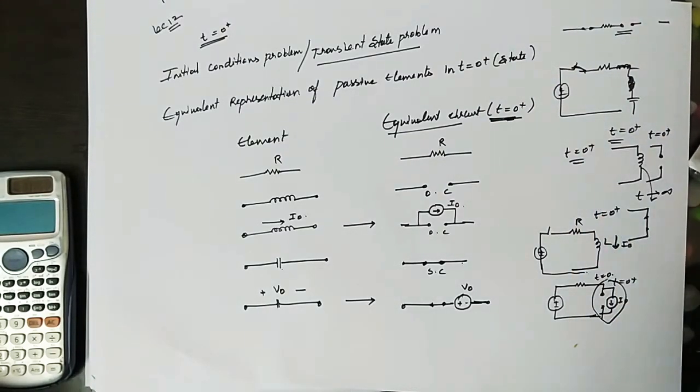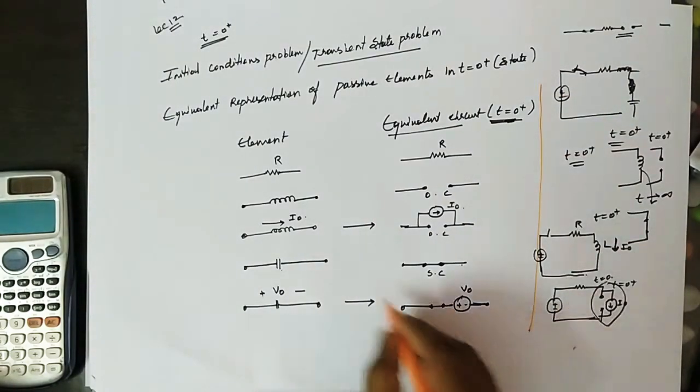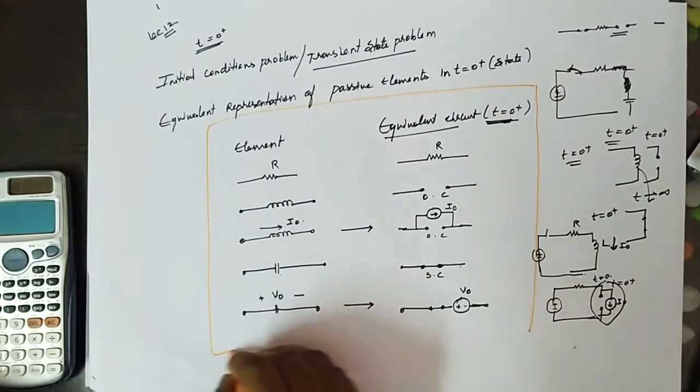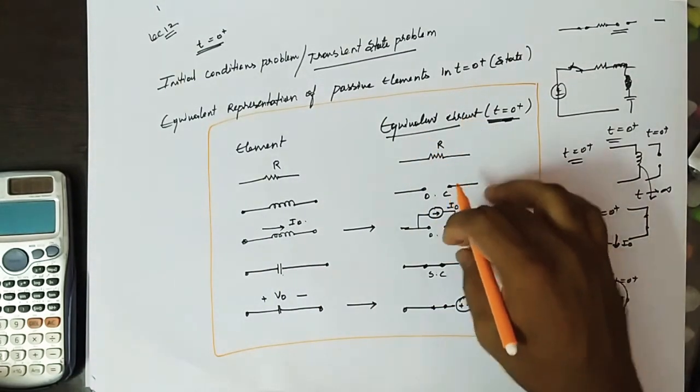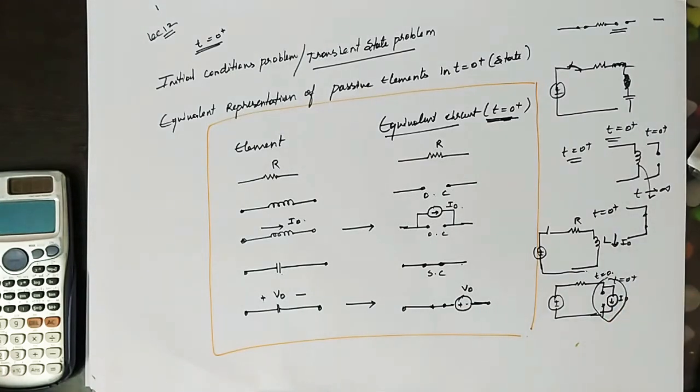So we use these conditions in solving problems at t equal to 0 plus. These are the conditions we use while solving the sums based on the t equal to 0 plus condition.